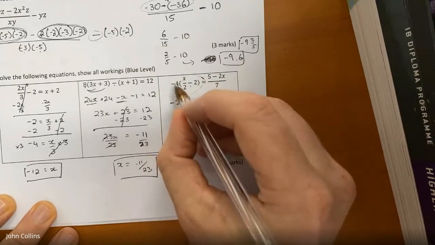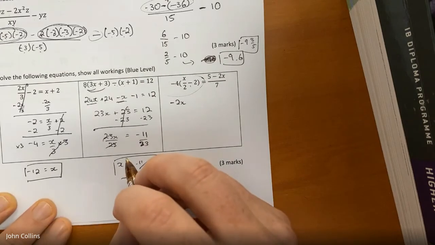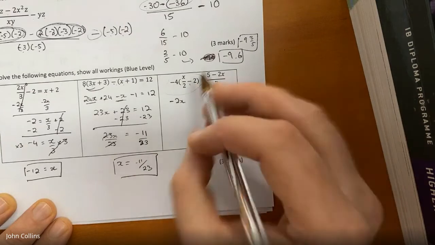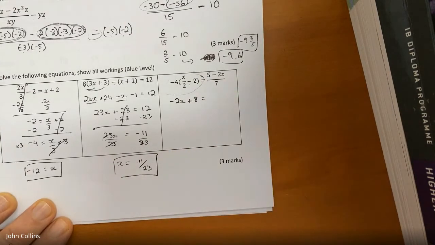And it's minus because minus 4. Minus 4 times minus 2 here is plus 8. Okay, that is the left-hand side multiplied out, and that makes the left-hand side a lot easier.